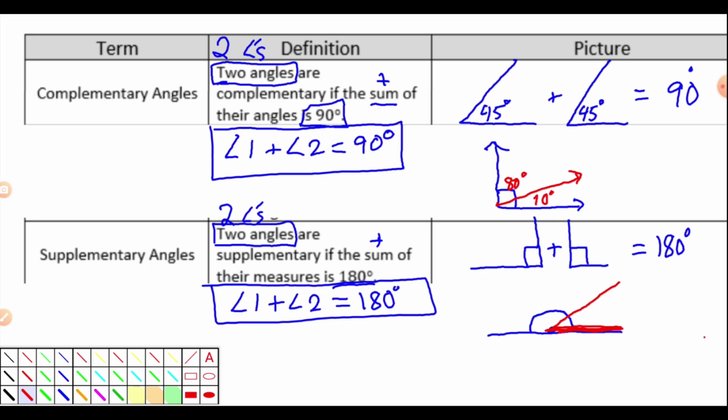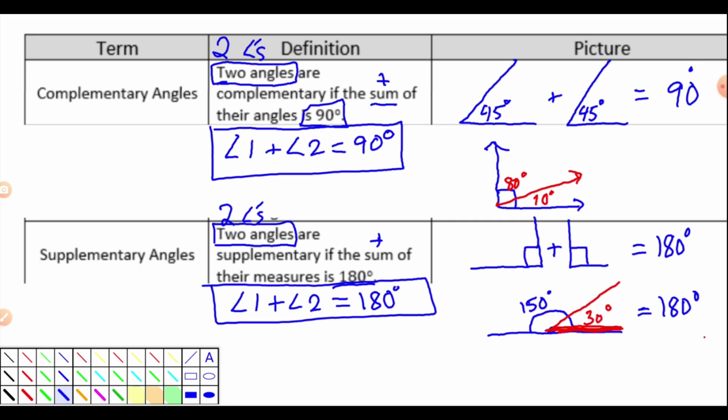And let's say this angle looks like maybe 30 degrees. So that angle has a measure of 30 degrees. Then the angle next to that is going to have to be 150 degrees because 30 plus 150 is going to be 180. So again, these are supplementary.